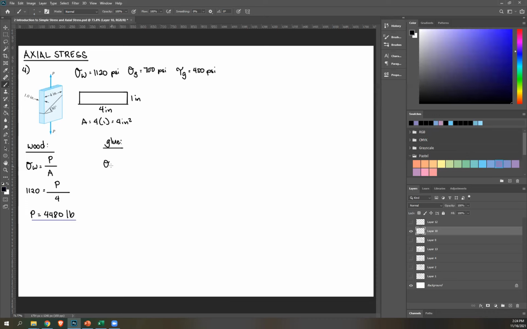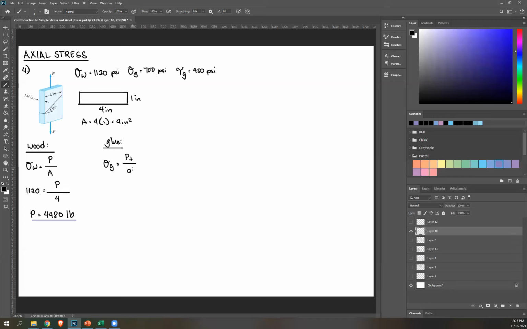Okay, so glue. Again, that's P over A. Now, this is your glue, right? So therefore, what I need is not just P. I need the component of P that's perpendicular to that, over this inclined area.